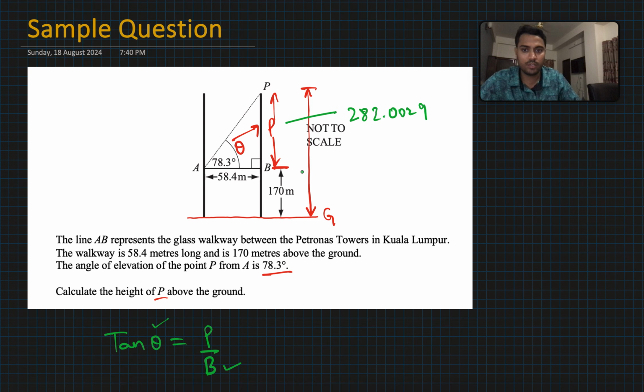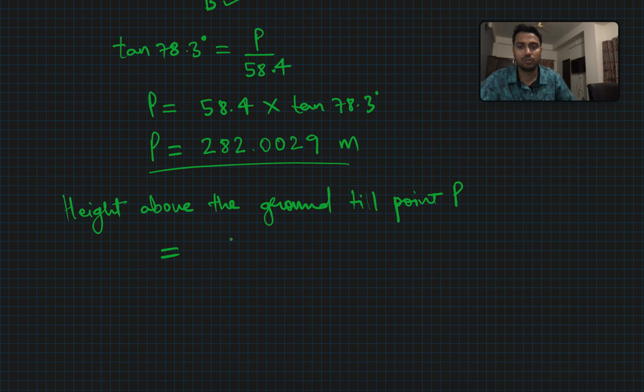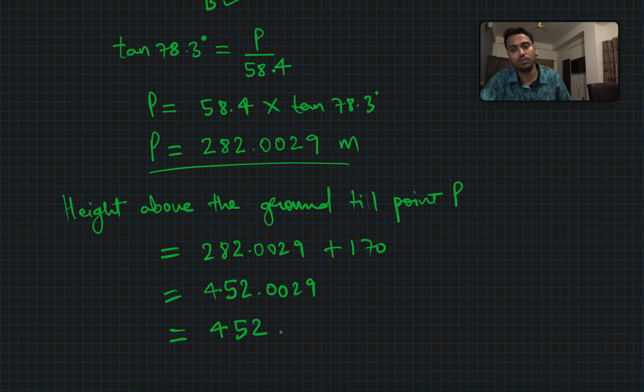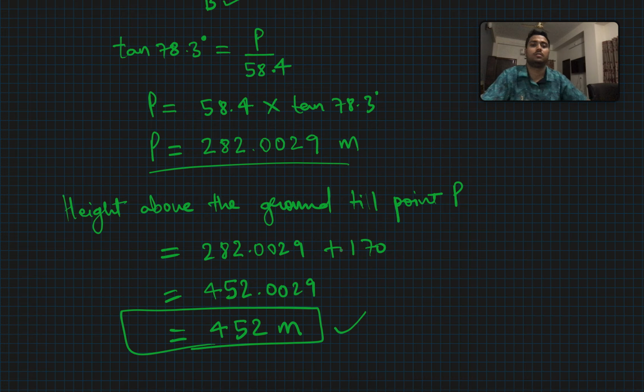This we have to add with this length 170. So 282.0029 plus 170 is going to be 452.0029. Correct up to 3 significant figures, we can write 452 meters, and that's the value.